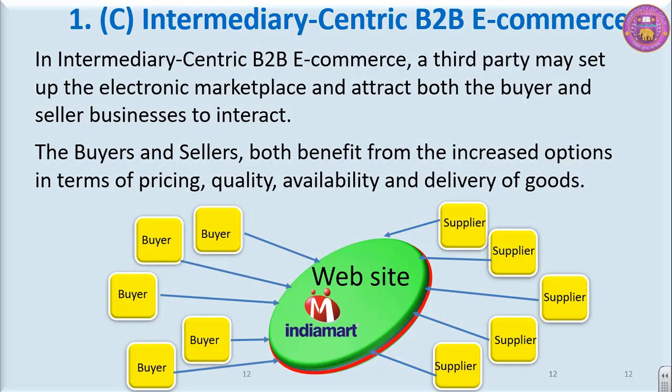IndiaMart is a case of intermediary-centric B2B e-commerce. Here the website is developed by one particular intermediary, which becomes such a big one that a number of buyers and suppliers get connected to this website to buy and sell products.